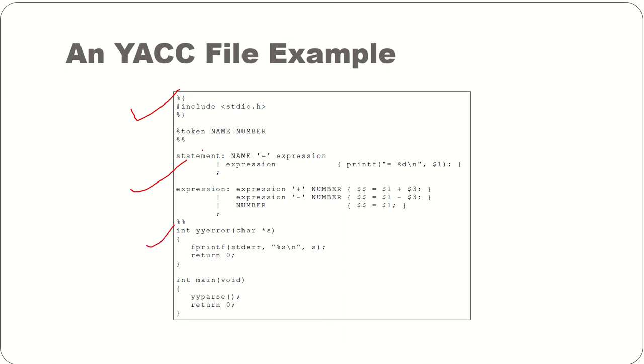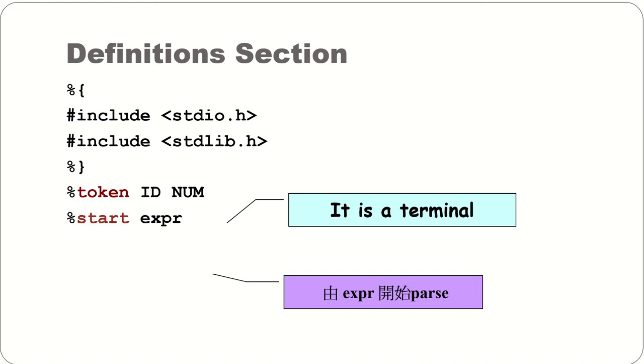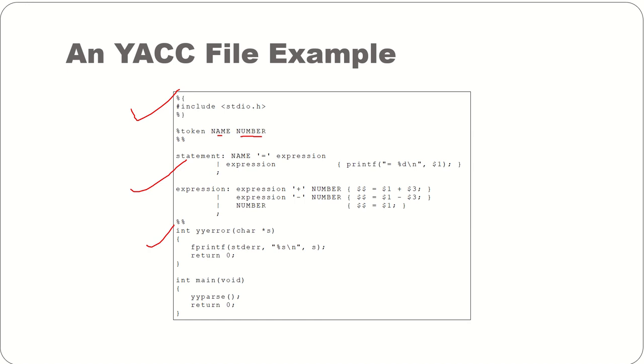As you can note here, we are using tokens name and number. These are terminal symbols in this grammar. These terminal symbols will be recognized by the Lex tool. You can specify them like this, token name and number.